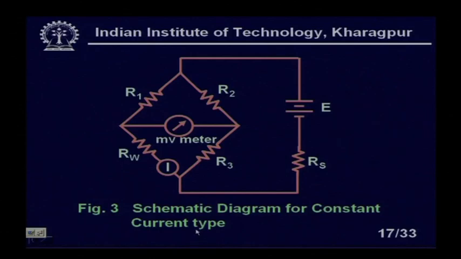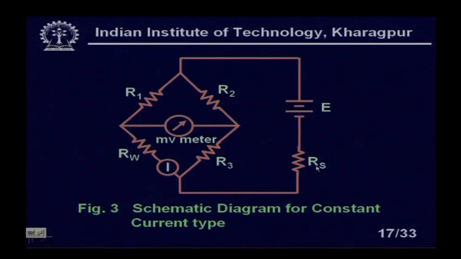A schematic diagram of the constant current type, you see here actually what we are doing, initially we are taking all the resistances equal R1, R2, R3 and R_W, and this R_S is quite high, right, and we can see the current which is passing through this hot wire.